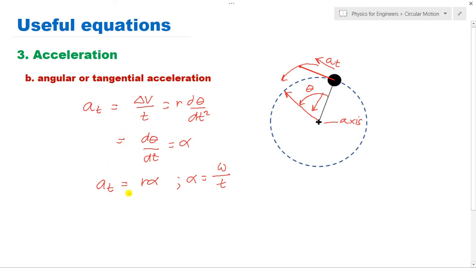So you can just write this one as r omega over t. So that's it. In terms of theta, you have r, wherein omega is theta over t, so r theta over t squared.